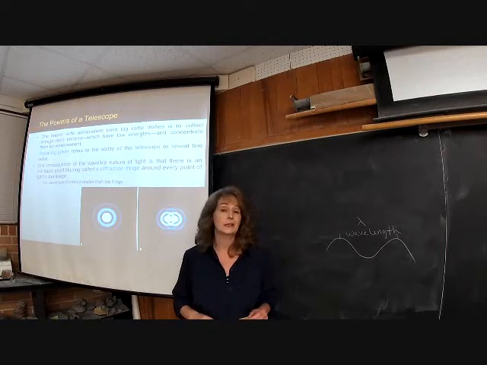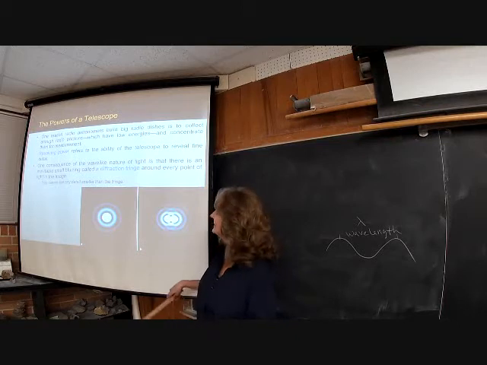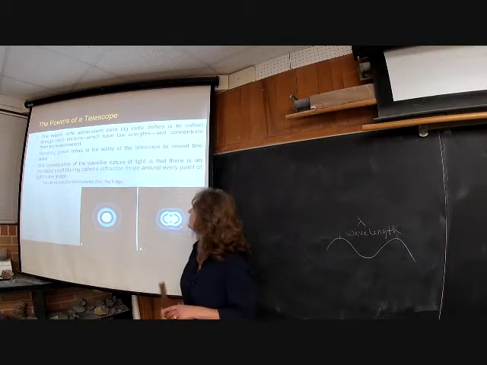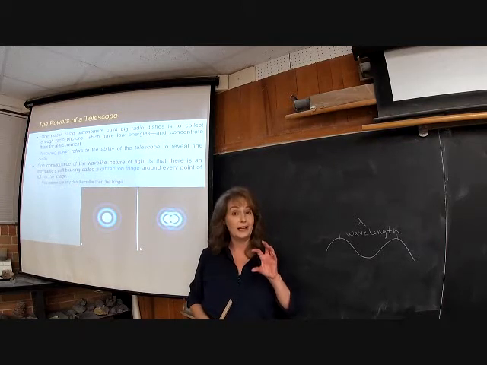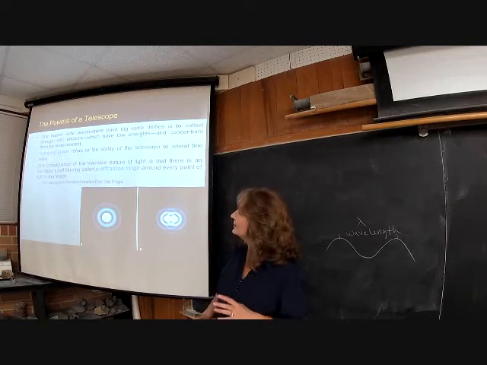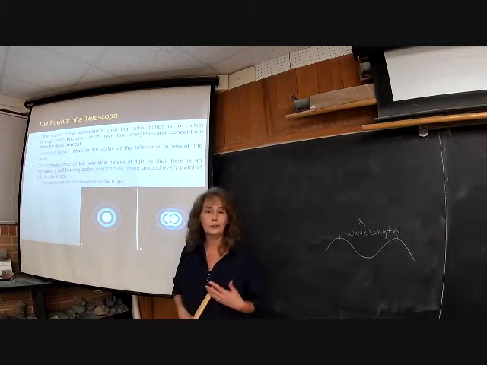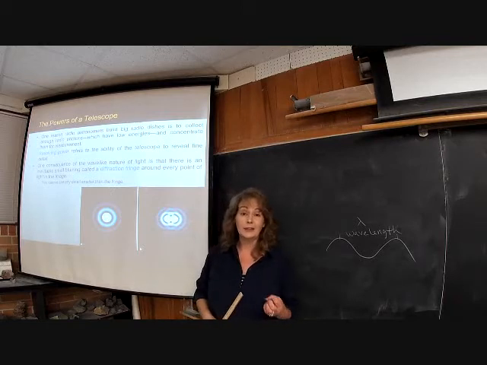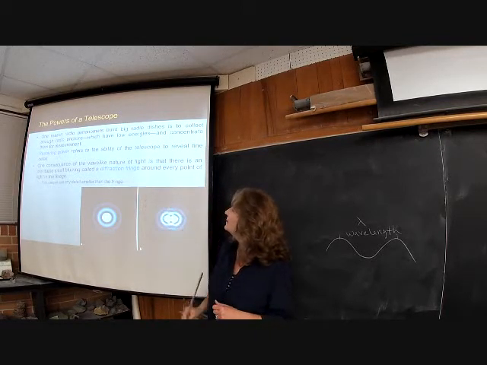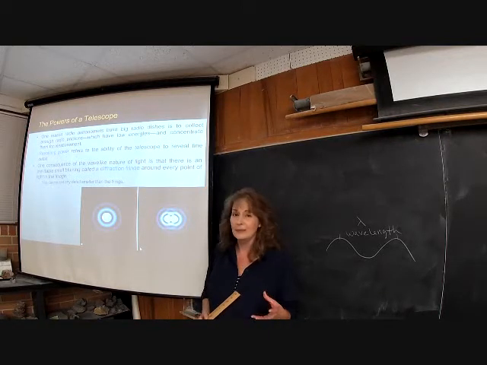The second power of a telescope is called the resolving power. This is the ability of the telescope to reveal the fine details. A consequence of the wave-like nature of light is that there's this inevitable blurring called a diffraction fringe around every point of light in your image.